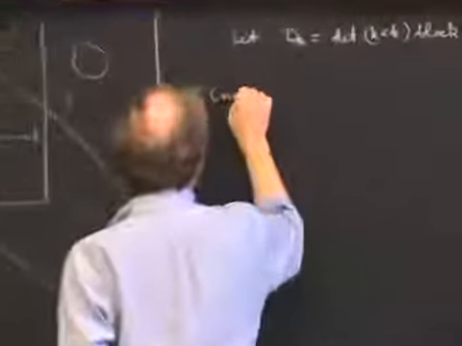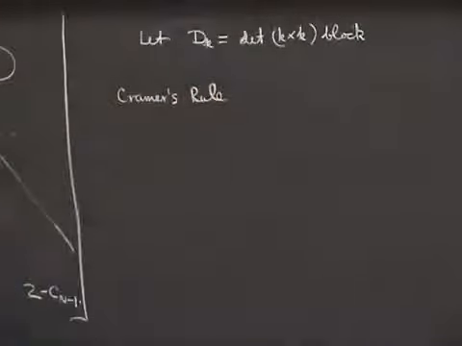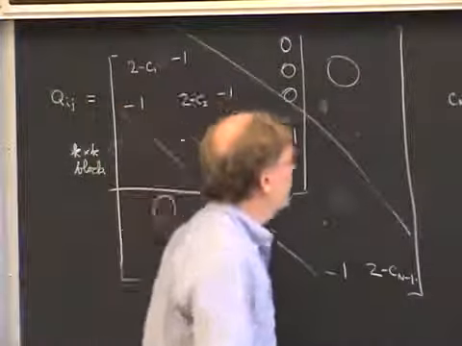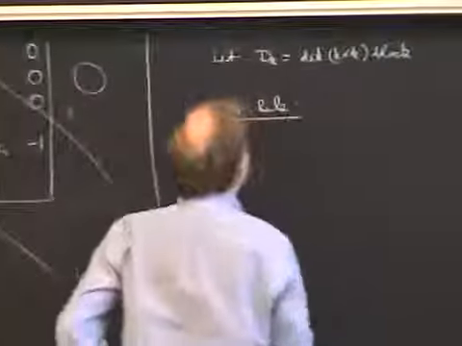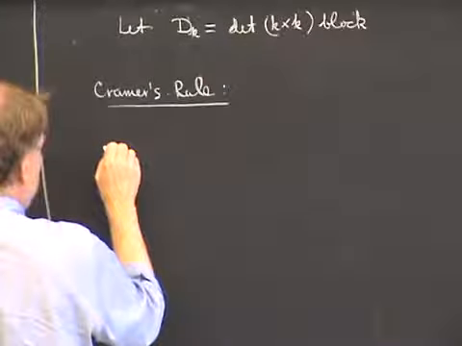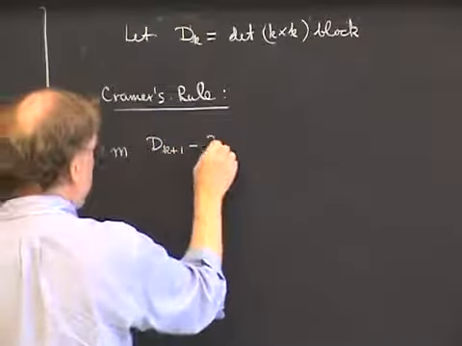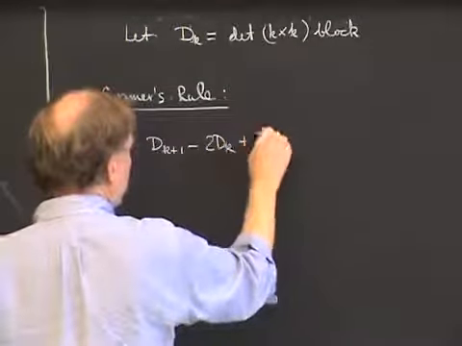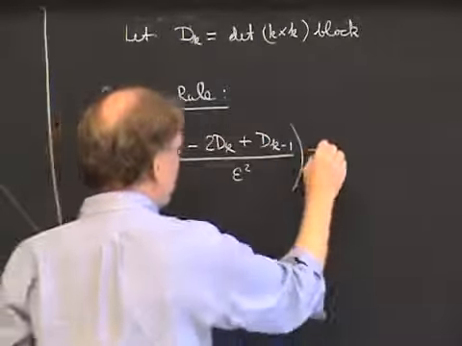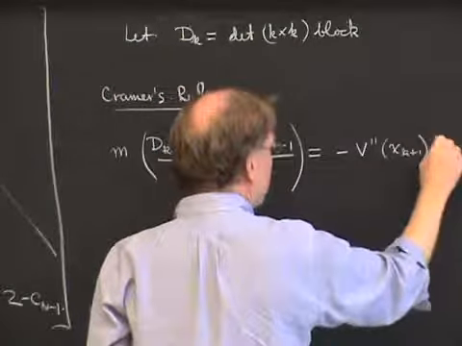If you use Cramer's rule on this d_k matrix, which is pretty easy to do because you've got rows and columns that have a lot of zeros in them, you see. It's pretty easy to derive a recursion relation for the d_k's. And it ends up looking like this. It is mass m times (d_{k+1} minus twice d_k plus d_{k-1}) divided by epsilon squared equals minus V double prime evaluated at x_{k+1} times d_k.